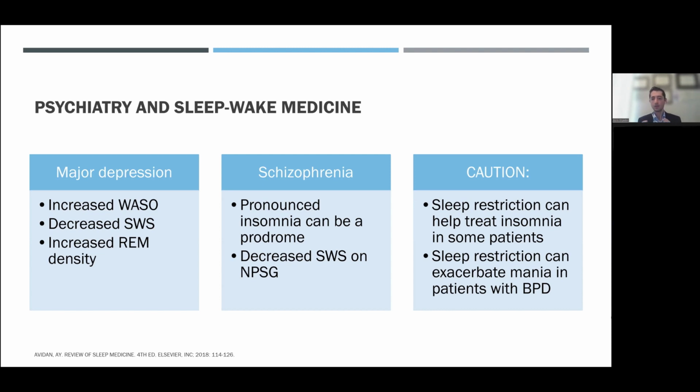So we want to be careful when we approach treating insomnia, because in some patients, restricting their sleep may exacerbate their other comorbidities. So for example, a patient with mood disorder, someone who's at high risk for mania or hypomania, or has had that before, you might not want to start with sleep restriction.